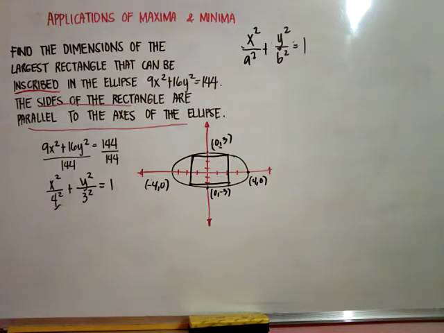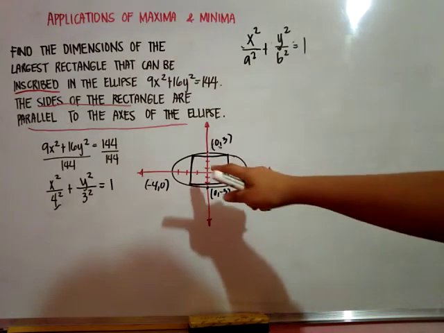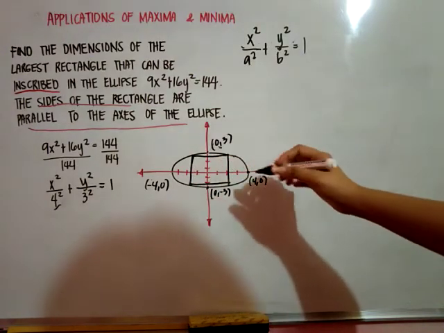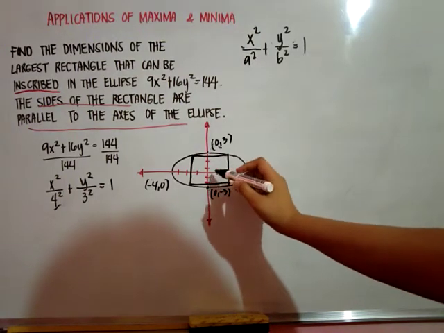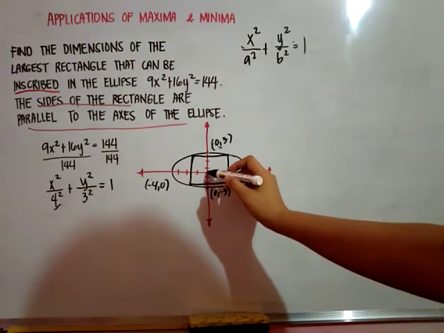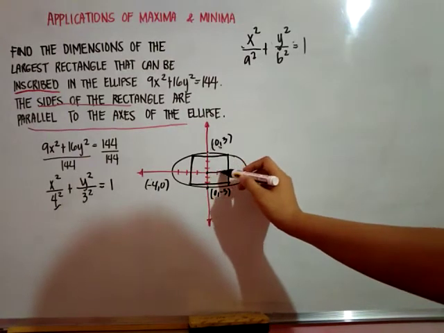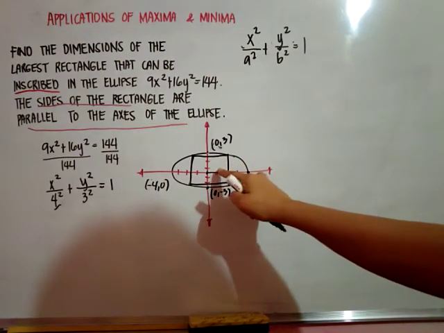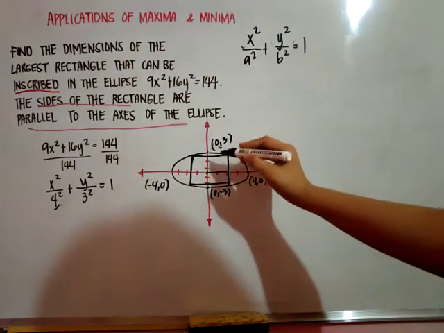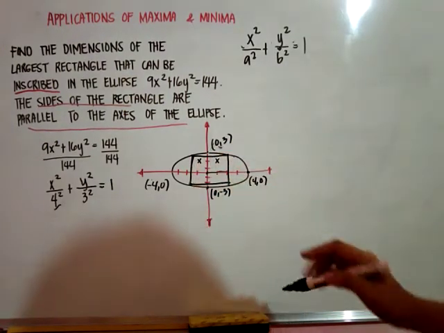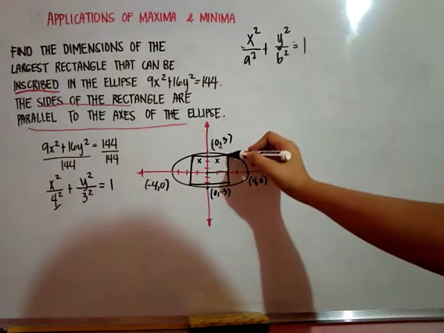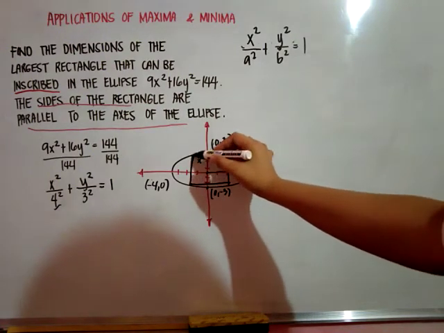So the next step is we assign values. So, what will be the dimensions of our rectangle? For example, this is the distance starting from the origin to the location of this point. So, let's say this is x. This is also x, it's symmetrical. So, up to this point, that is the value of x.